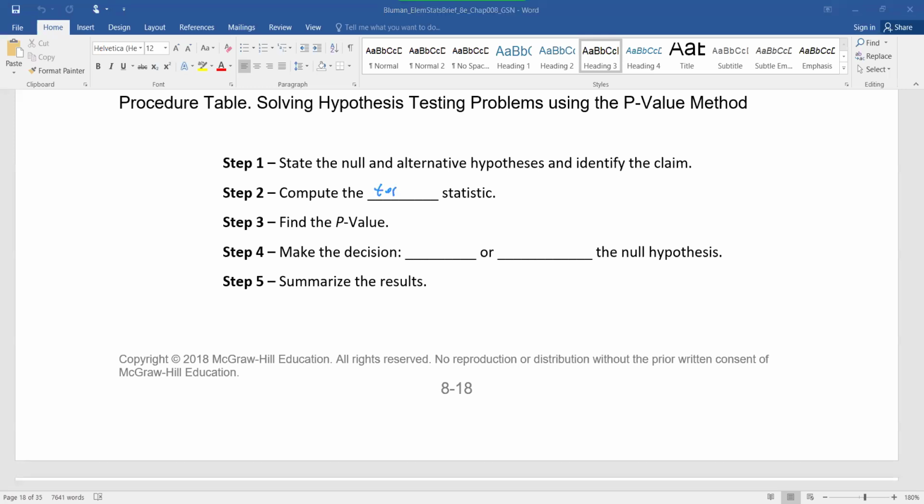Step 3, we find the p-value if not already given to us. Step 4, we make the decision to either reject or fail to reject. We do not accept anything. And in step 5, we summarize those results in a nice clean sentence.